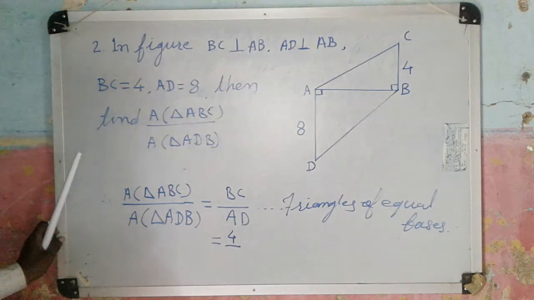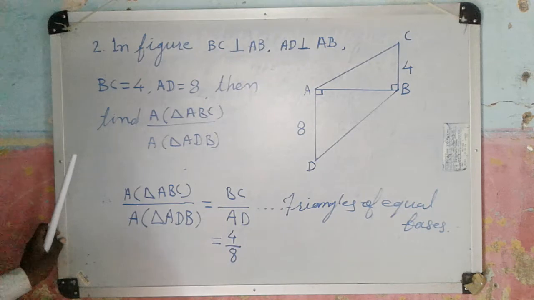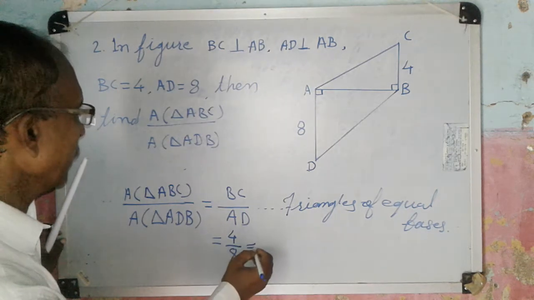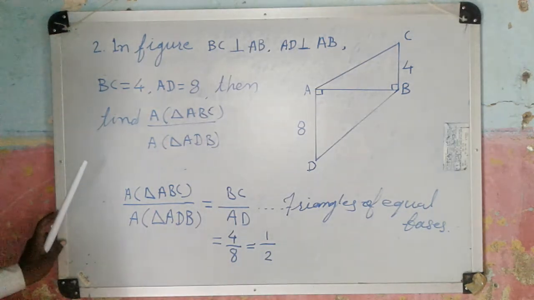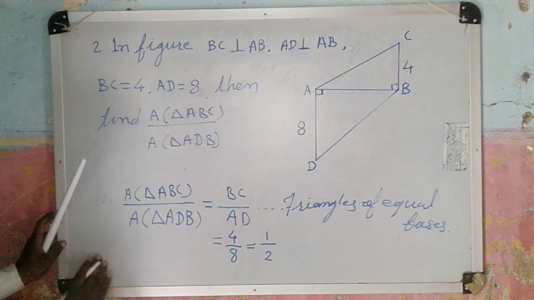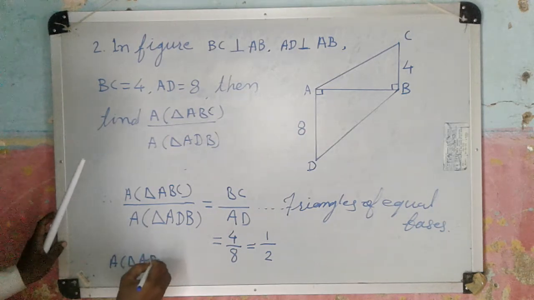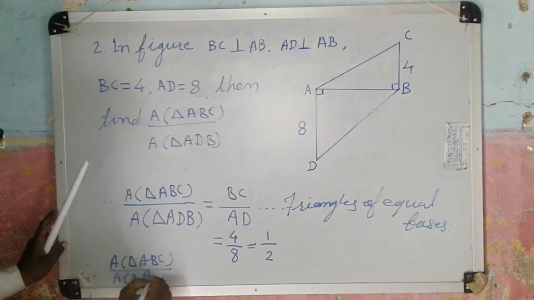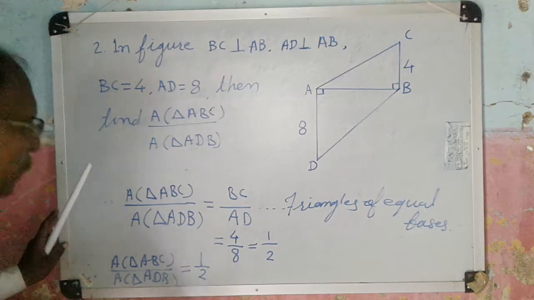BC equal to 4 and AD is equal to 8. Now simplify this by reducing to its lowest form. Here we get 4 ones are 4, 4 twos are 8. So our answer is area of triangle ABC upon area of triangle ADB is equal to 1 upon 2.